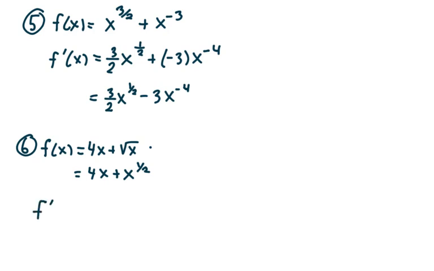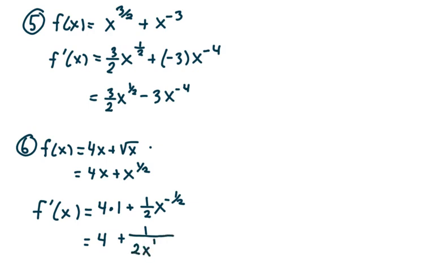So f prime of x, right, is 4 times the derivative of x, which is 1, plus 1 half x to the negative a half, which is equal to 4 plus 1 over 2x to the 1 half.